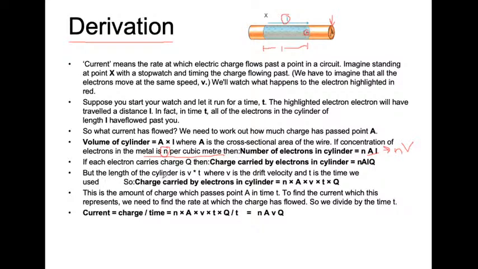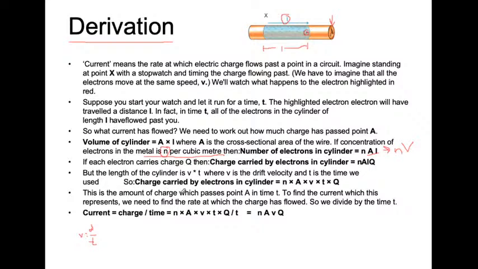So the length of the cylinder is actually the speed times the time, right? Coming from speed equals d over t, where d is the length that they've traveled. Rearrange this to solve for d, or in this case, the length.